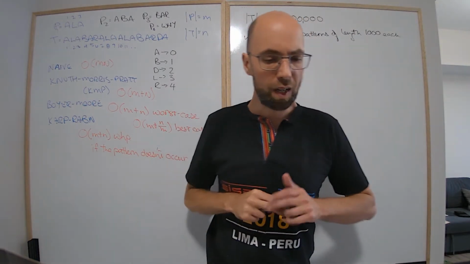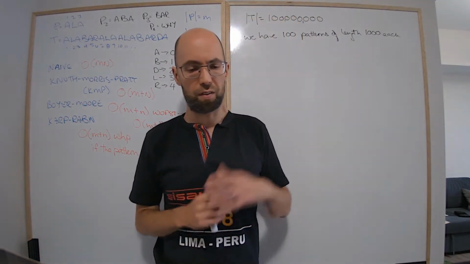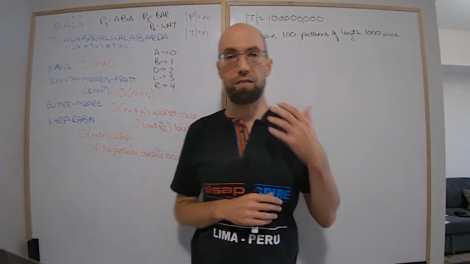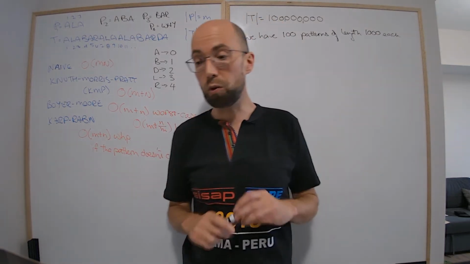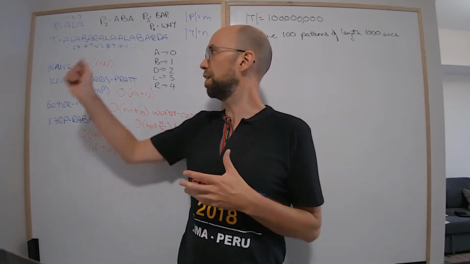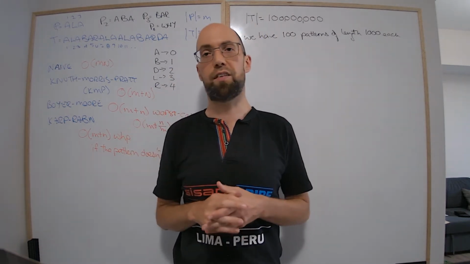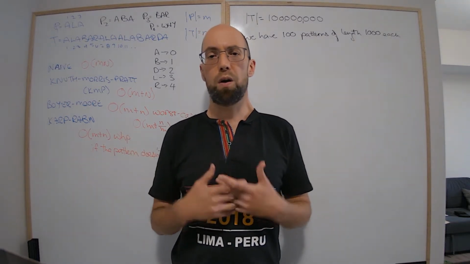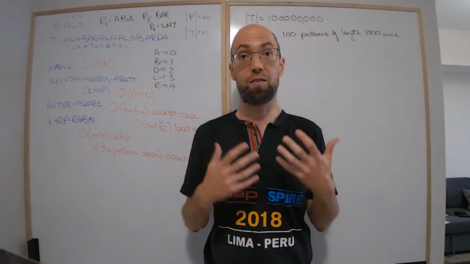So you could say, okay, maybe the text is on disk or something, or somebody's going to send it to us. So we actually don't have to worry about storing it. We're just going to stream over it. So we ignore the space for the text. In Aho-Corasick, we would build an automaton, and then we just keep that automaton in memory, and we stream over the text. And so our workspace is actually the space of the automaton. But in the worst case, it's going to be about as big as the combined size of these patterns.